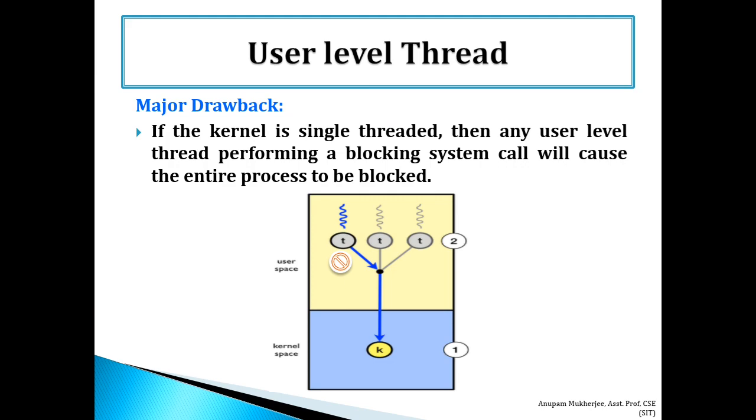Then, if any user level thread performs a blocking system call and blocks the kernel space, that will cause the entire process to be blocked. That is the major drawback.